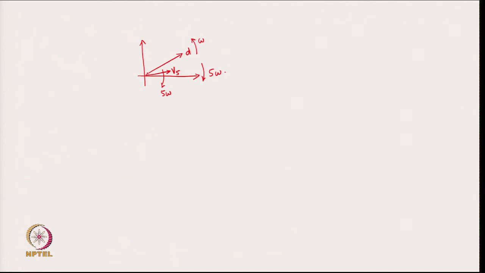V5 is a space vector which is rotating at 5 omega speed, but in the opposite direction. Okay. So, there is a fundamental Vr. Actually the Vr is coincident with Vd. So, this is Vr, it is rotating at omega speed, the d axis is also rotating at omega speed, and the q axis is rotating here.